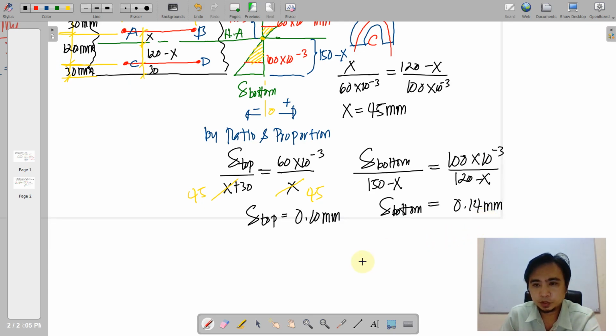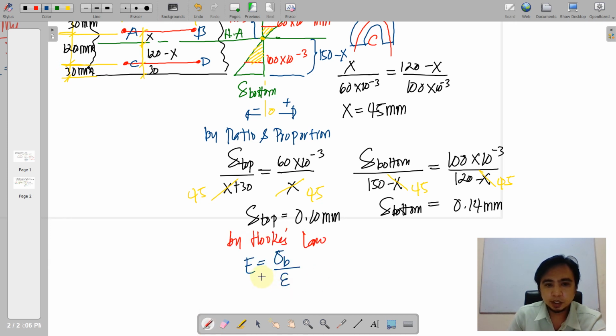We have 0.14 millimeters. And of course, on the basis that we substitute x here, which is 45 millimeters. And as for the stress, we'll just use Hooke's law, wherein the Young's modulus of elasticity is equal to stress all over strain.